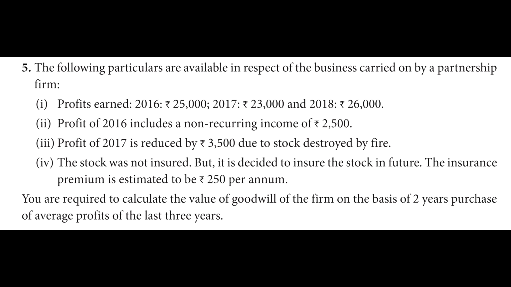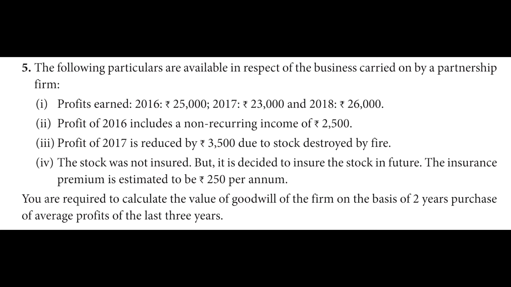Profit of 2016 includes a non-recurring income of rupees 2,500. Profit of 2017 is reduced by rupees 3,500 due to stock destroyed by fire. The stock was not insured, but it is desired to insure the stock in future. The insurance premium is estimated to be rupees 250 per annum.